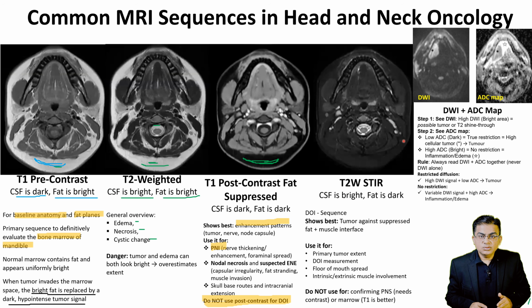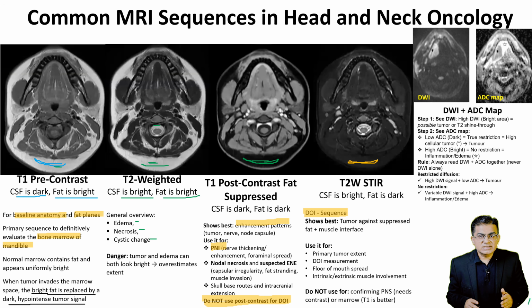Next, T2 weighted STIR sequence. Here CSF is bright and fat is dark. This is your master sequence for primary tumor. When you need to evaluate the primary tongue tumor and calculate the precise depth of invasion, this is strictly the only sequence you should rely on.